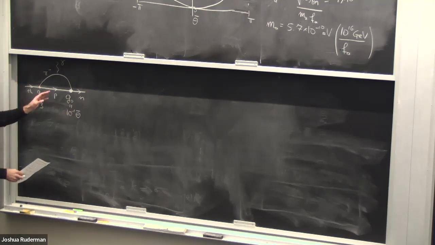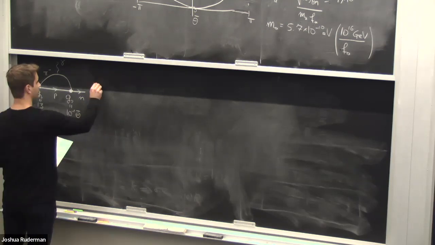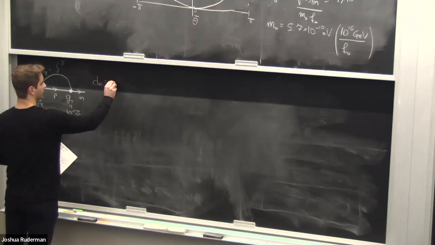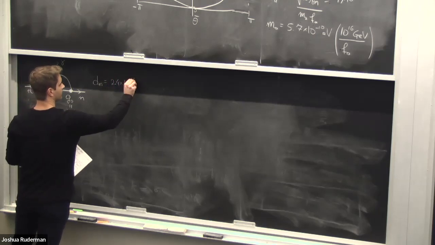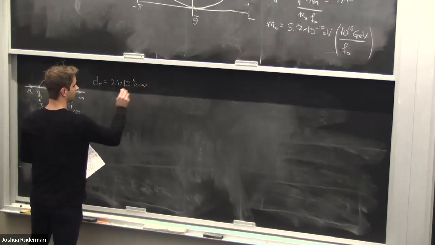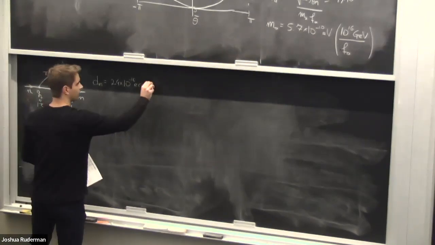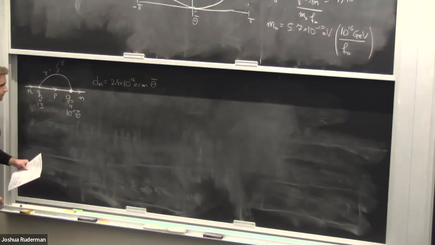Okay, and so from this diagram, a neutron can now acquire an electric dipole moment, which you can calculate to be about 2.4 times 10 to the minus 16 e times centimeters times theta bar.